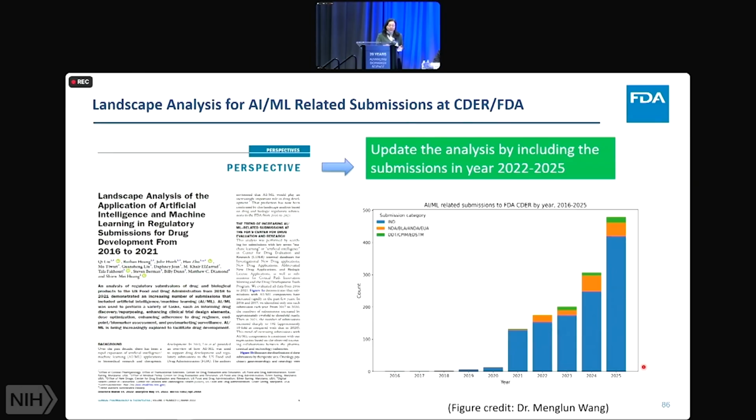Then between 2018 to 2020, there's about 2 to 3-fold increase each year. And then in 2021, the numbers had a very sharp increase to over 100, which is about 10 times higher than the year before. And then from 2021 to 2025, you can see a steady increase of the number of such submissions each year. And personally, I believe this trend of increasing applications of AI and machine learning drug development is likely to continue.